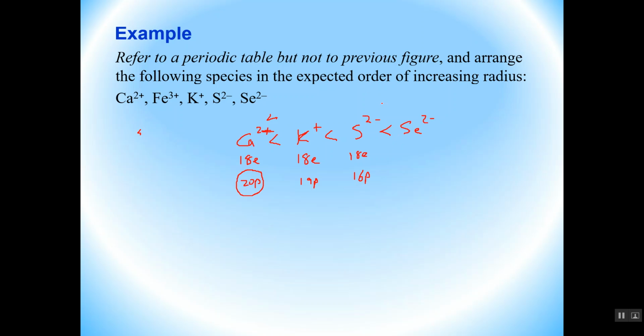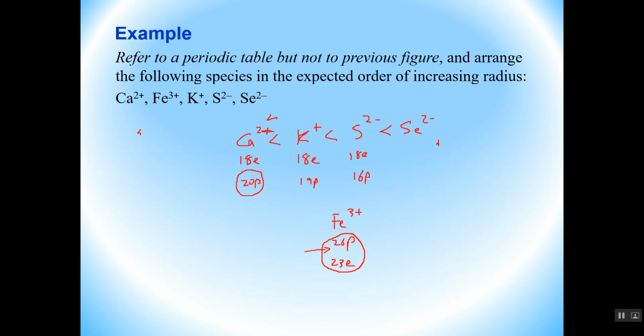Now iron has an atomic number of 26, and for the Fe3+ it has 23 electrons. So let me write it down here. For Fe3+, it has 26 protons and 23 electrons, right? Now, by virtue of the fact that this has a larger number of protons compared to calcium, that means it would be smallest, largely because of the 26 protons.